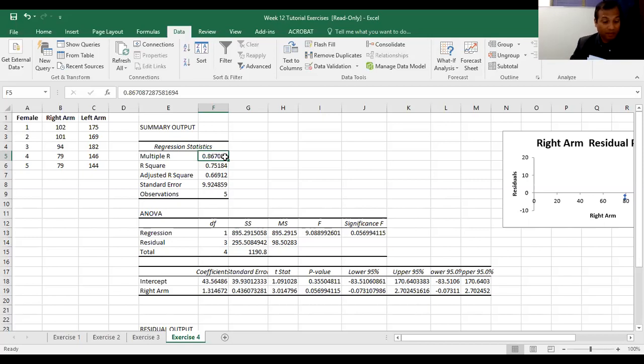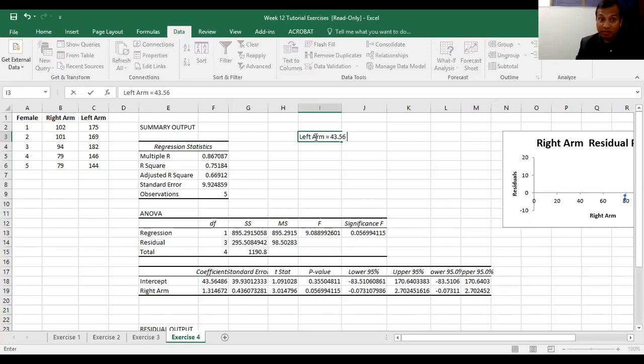Next, what is the regression line equation for the sample data? So the regression line: right arm is your independent variable, and the remaining one, left arm, will be the dependent one. So you will write left arm equal to the constant, the intercept, 43.56456.